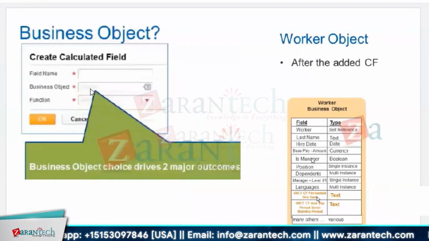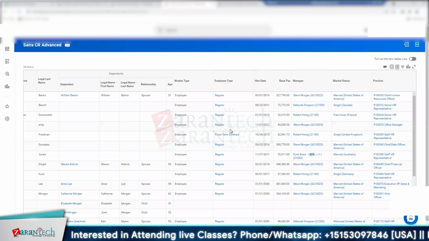All right, here we go. We'll go ahead and create a calculated field now. Workday has all these delivered fields, but there might be data that you need, with specific requirements. For instance, the hire date may need to look a little differently. In the US you have month, day, year, but in other countries you'll have day, month, year.